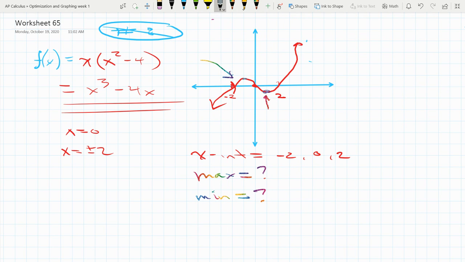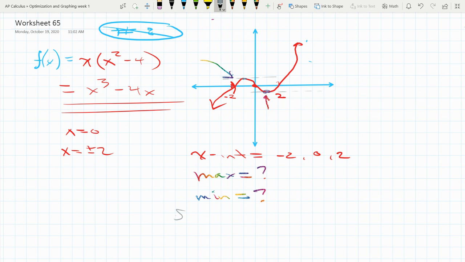Let's take the idea that if I look at this and I say, okay, well, if I draw a line here and draw a tangent line there, those are tangent lines. Well, the tangent line slope is equal to 0. So to find your maximum and minimum points, you can take the derivative of this thing.